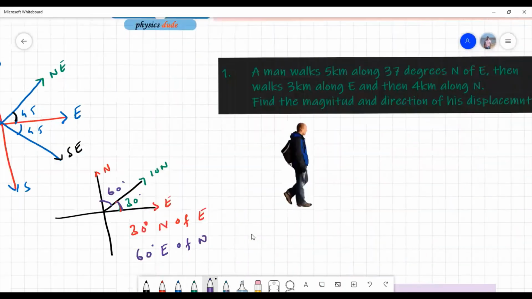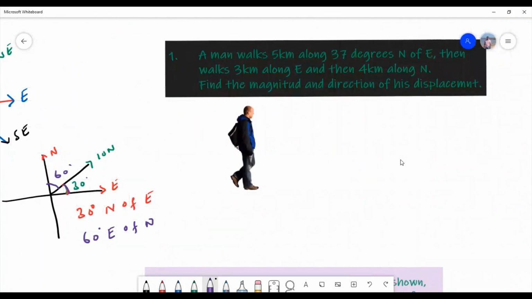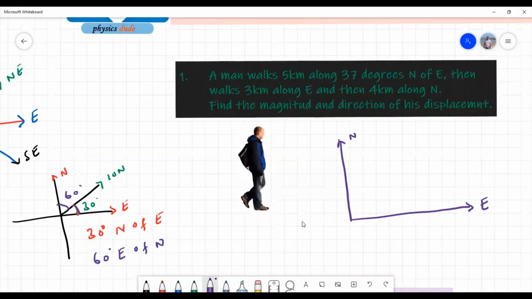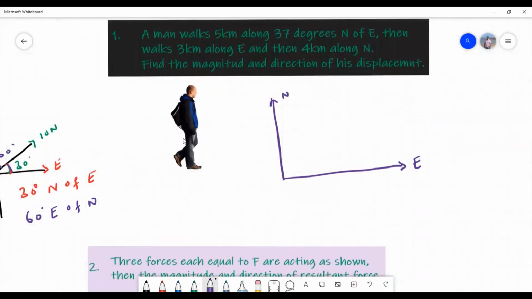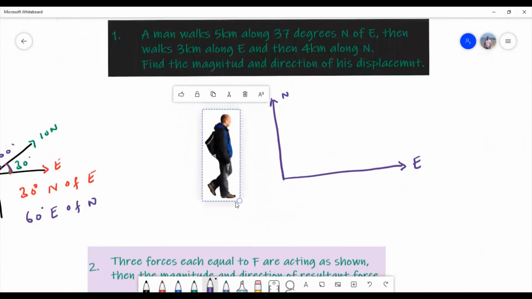Here I'm going to use the concept. He walks 5 kilometers along 37 degrees north of east. So let's draw the diagram. Suppose this is east and this is north. He started, let's take from the origin. That means this is the starting point of this man.